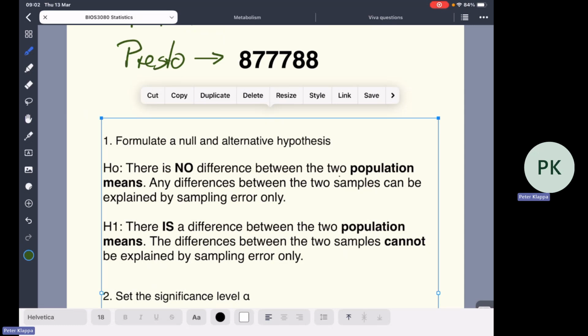Then we formulate the alternative hypothesis.